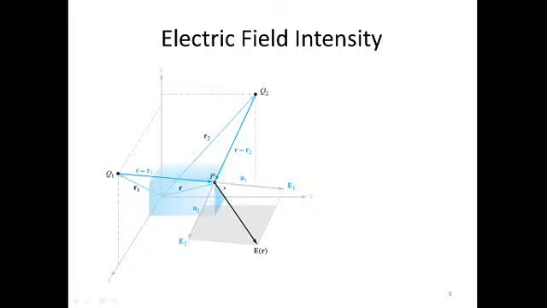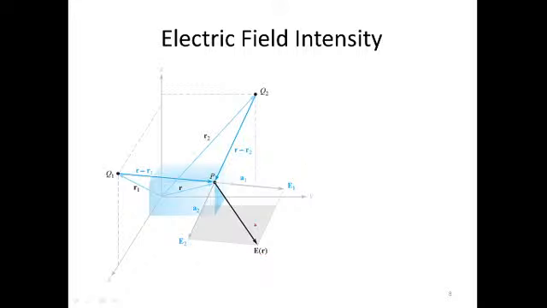Now we have at the field point two electric field intensities. So the net effect, or the total electric field intensity, will be a summation of these two vectors, E1 and E2. The magnitude can also be computed, and the direction is this way by the triangle law of addition.